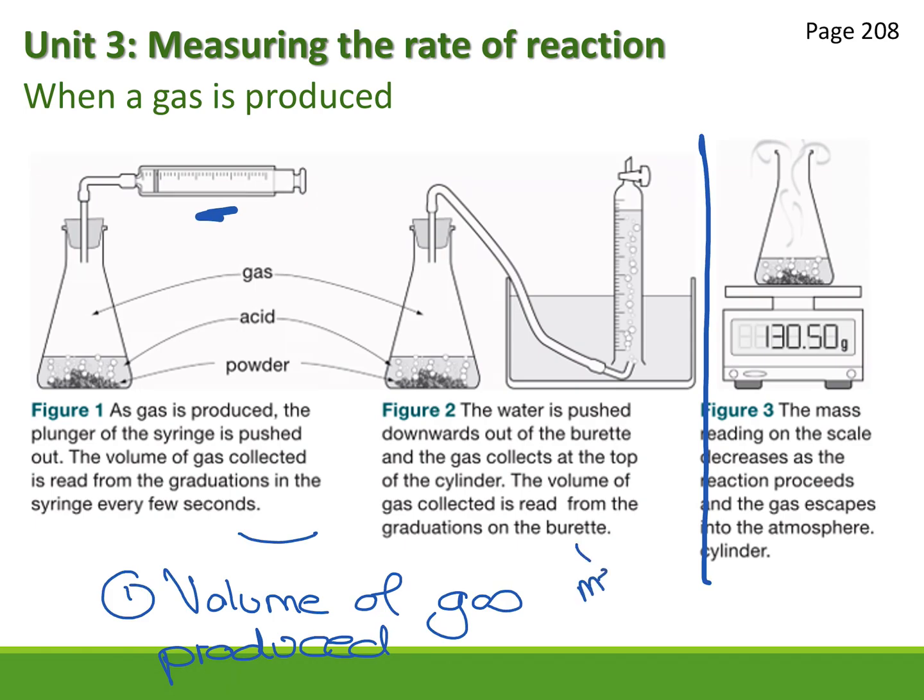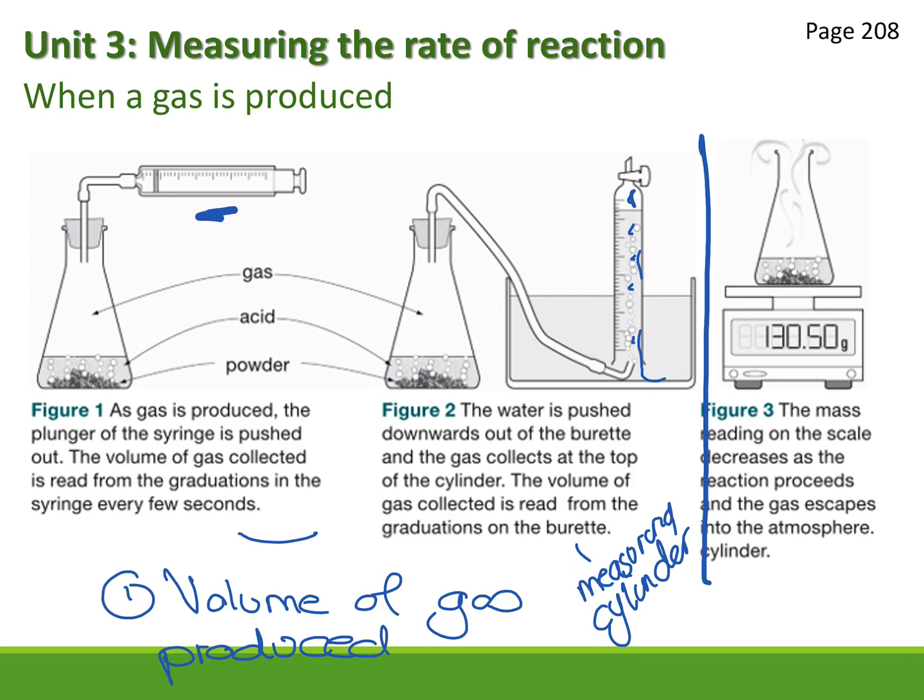You can also use a measuring cylinder, as long as it's upside down, we fill it with water, and we use the downward displacement of water. So the gas bubbles up, the water comes down, we're all happy, we can measure the volume. Okay, so we're measuring the volume of the gas produced.